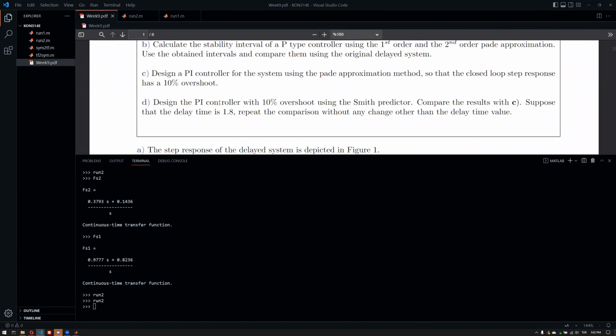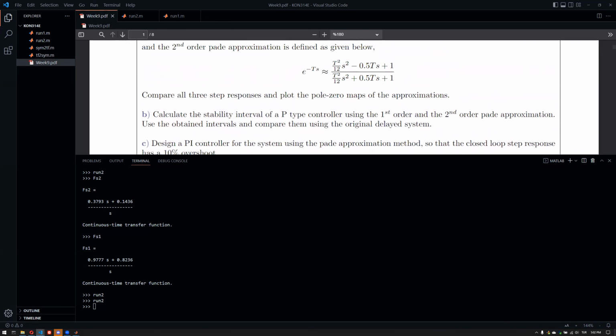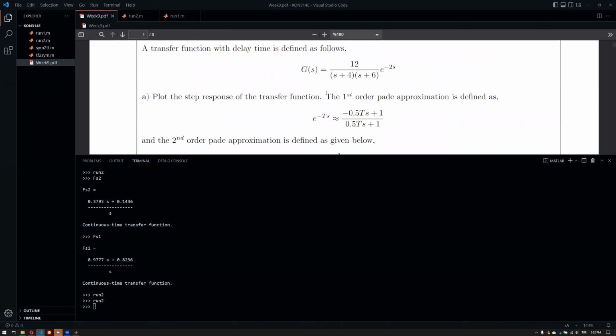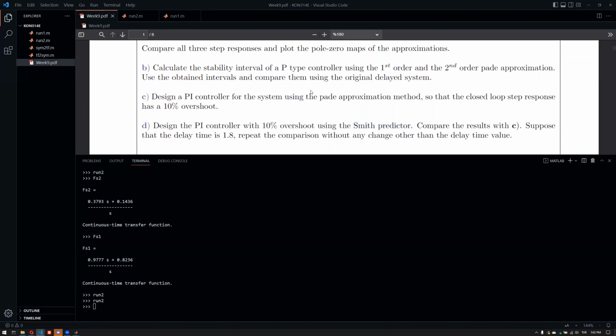Now we also have something called the Smith predictor, which is quite interesting and which I'm going to talk about, and then we will conclude today's lesson. We've introduced basically the Padé approximation. That's quite important, but there's a special structure that we can use in order to deal with systems that have delay in them.